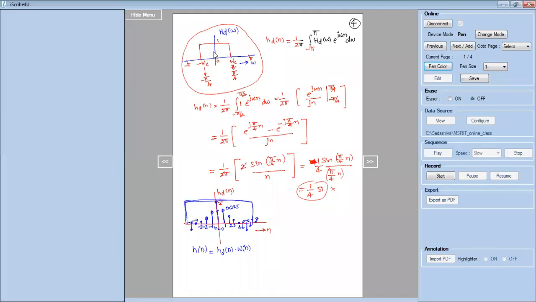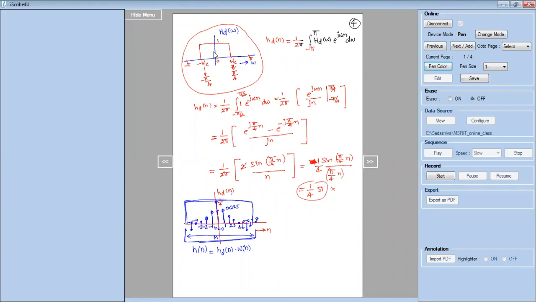Okay, so now I will be choosing a particular set of values. Let me say from... I will choose a finite M length impulse response. Okay, M length impulse response, but that can be achieved using the windows.